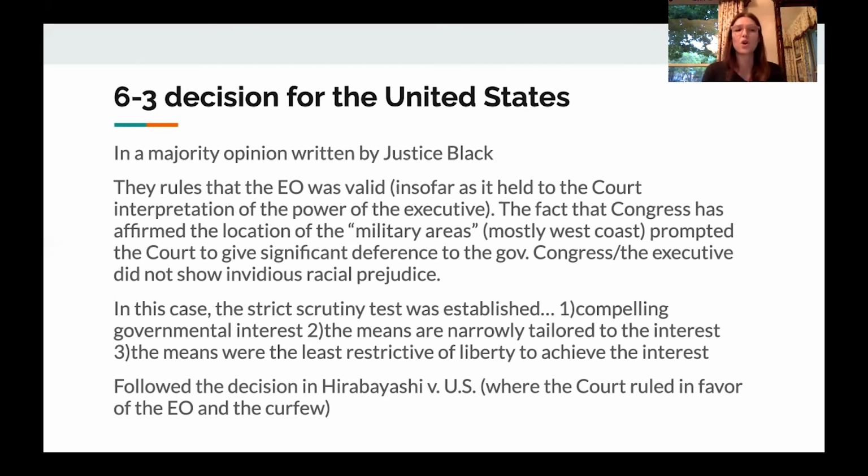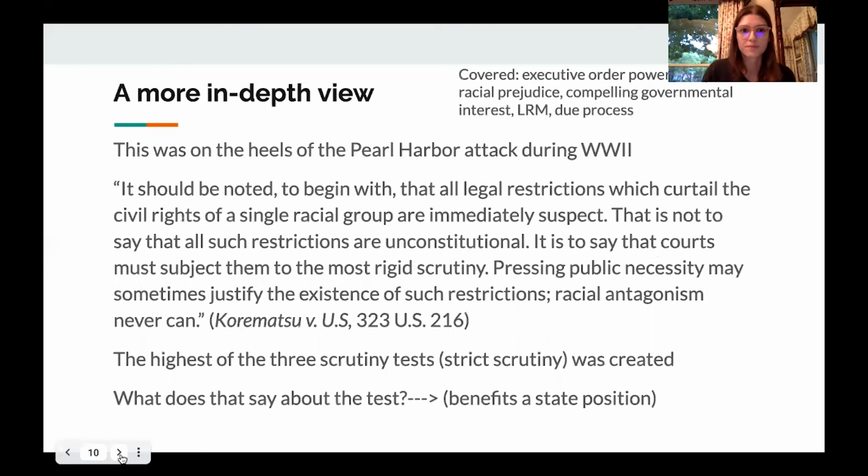This case was also decided because of Hirabayashi versus United States, which was just a couple years before with the same executive order, and they ruled on the curfew.